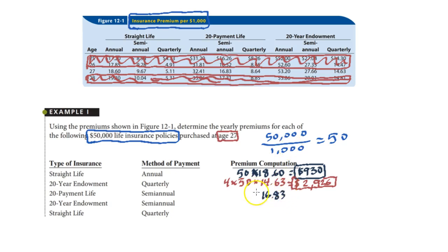And it's $50,000 still, so it's 50. And we are doing semi-annually. Semi-annually is twice a year. So we're going to have to pay that premium amount of $1683 per thousand twice a year. So to find the annual amount we're paying, we have to multiply by 2. And then that gives us $1,683.